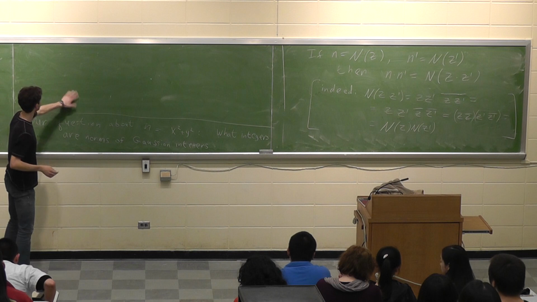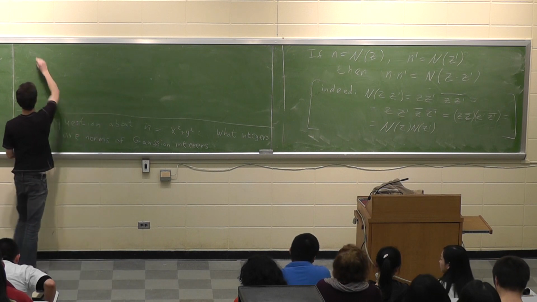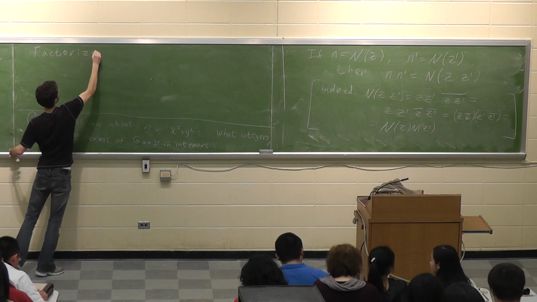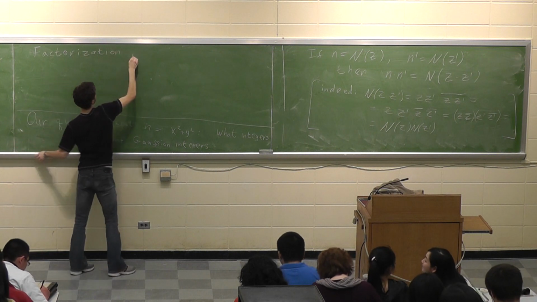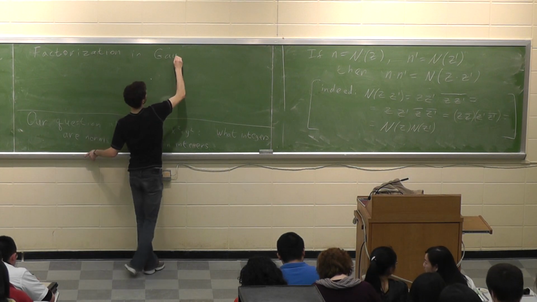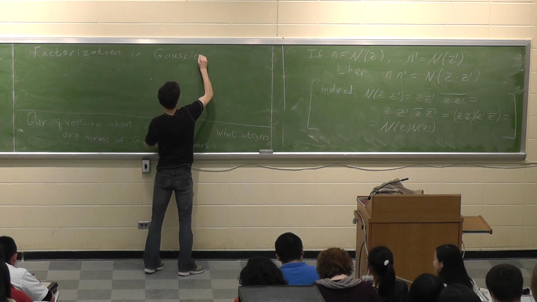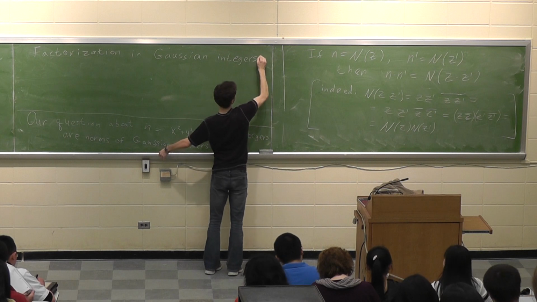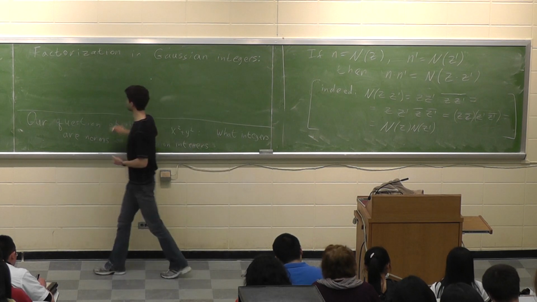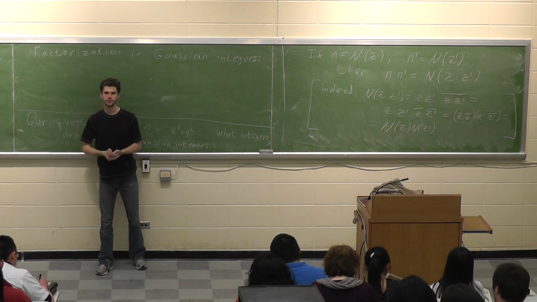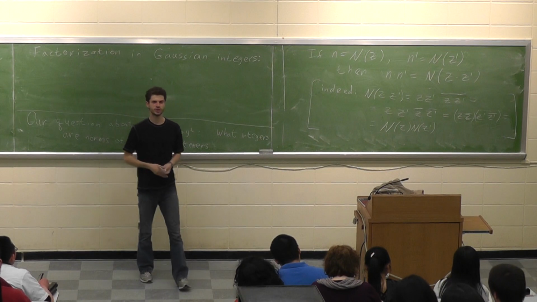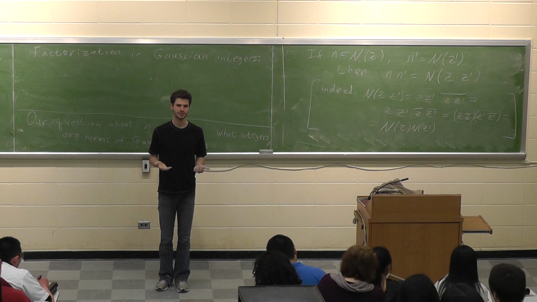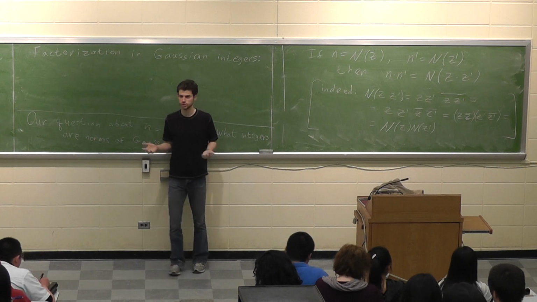Say I want factorization in Gaussian integers. Let me take a Gaussian integer and try to write it as a product. It's a natural thing.